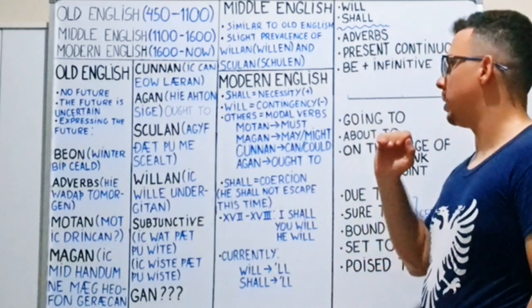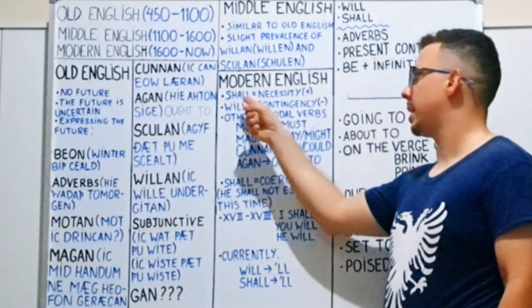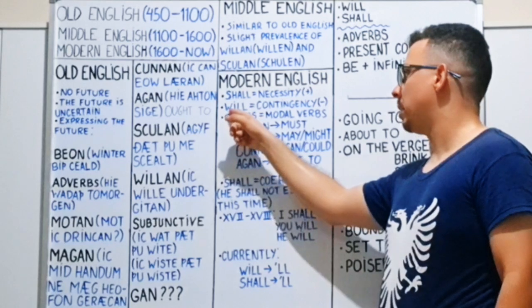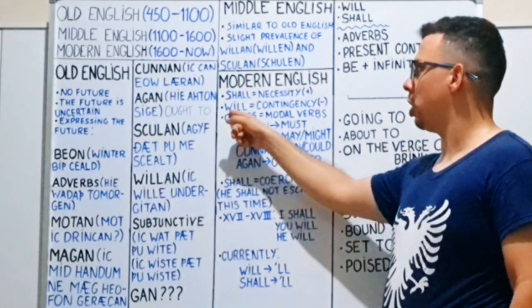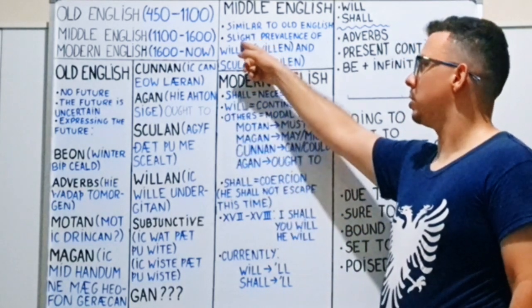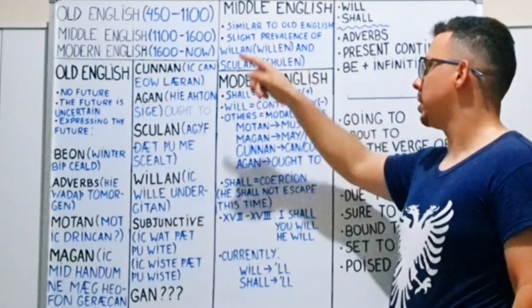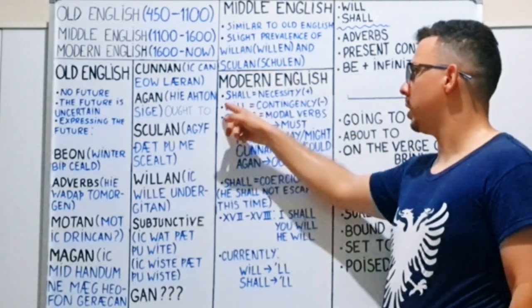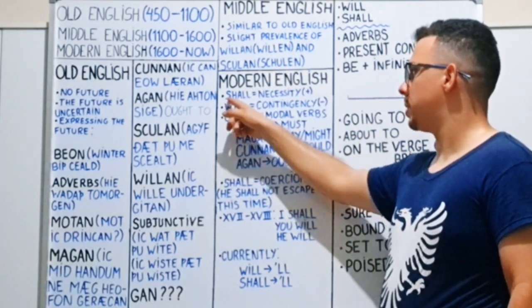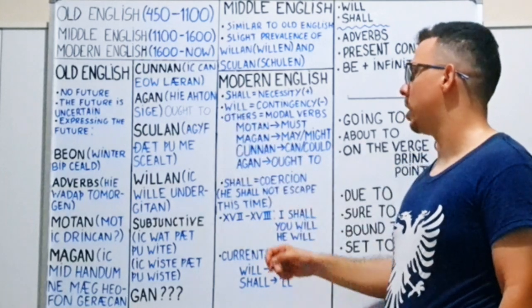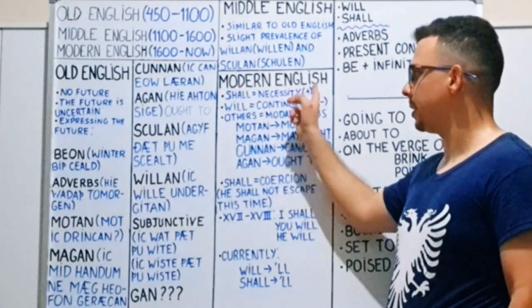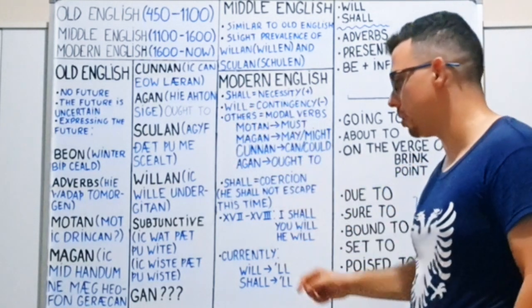The first thing that we noticed in the Modern English period is that shall and will don't just have a slight prevalence. Now they are the very auxiliary verbs used for the future. Shall represents necessity and will represents contingency.